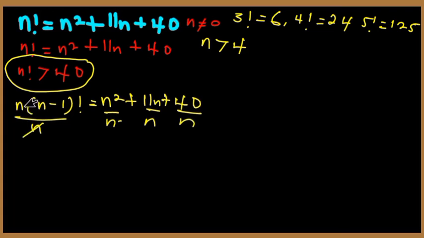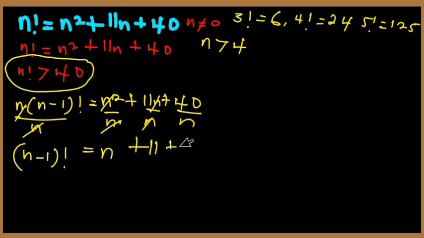So now this n cancels, left with (n minus 1) factorial equals n, plus 11, plus 40 divided by n. So now the whole of this one is an integer.